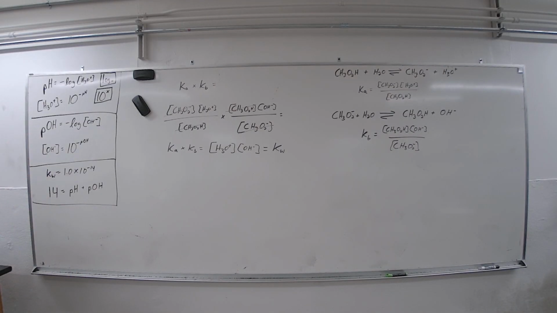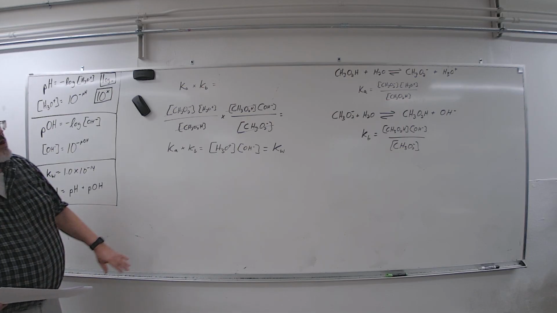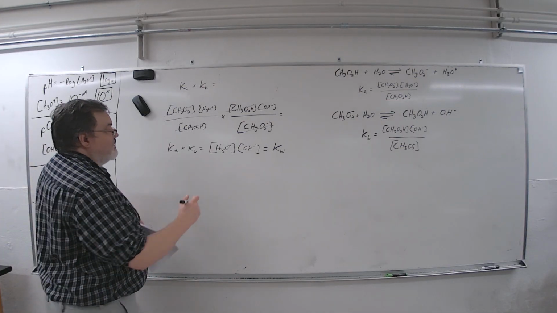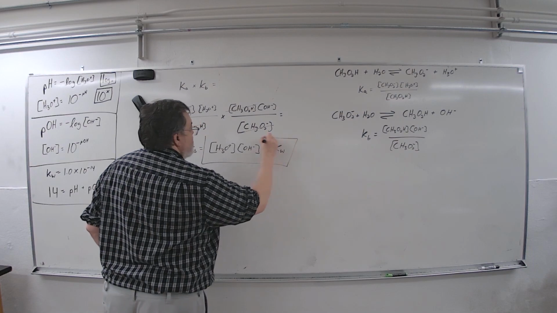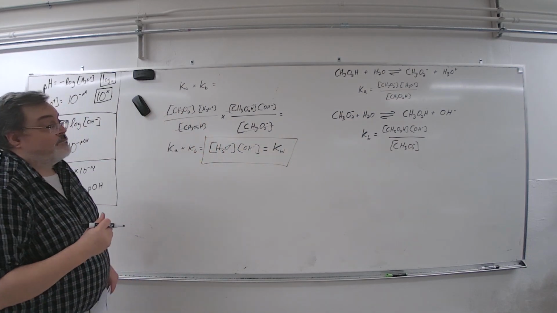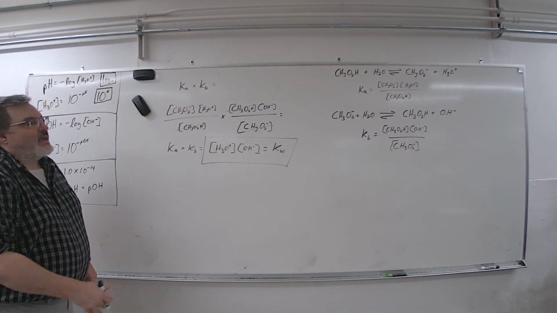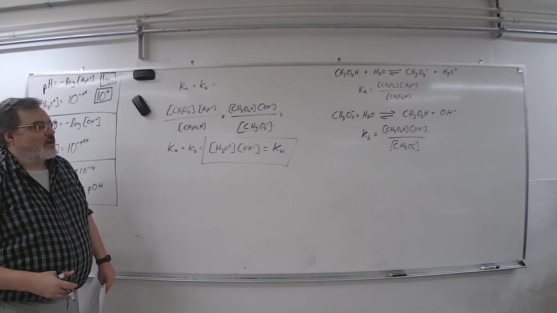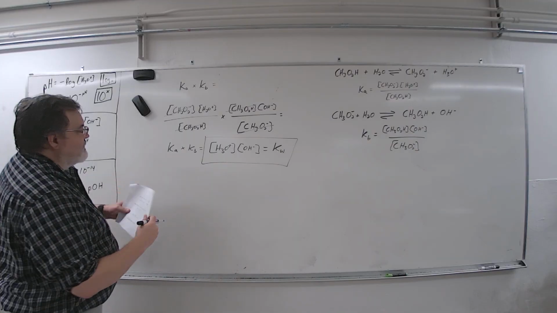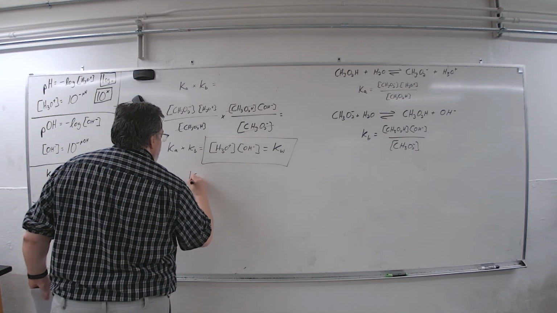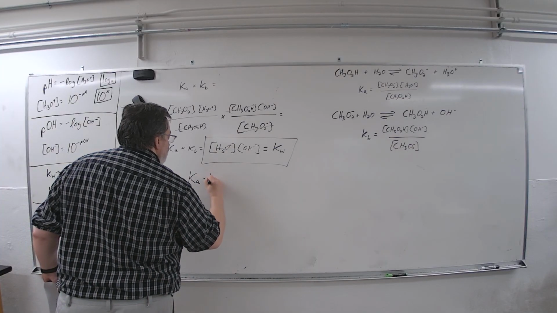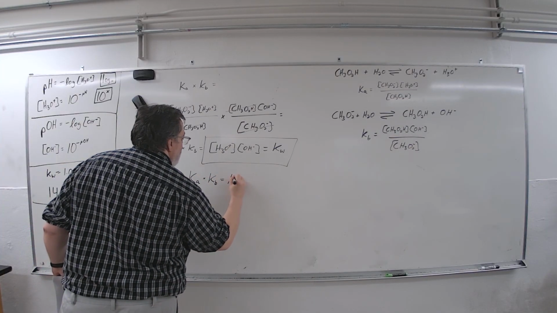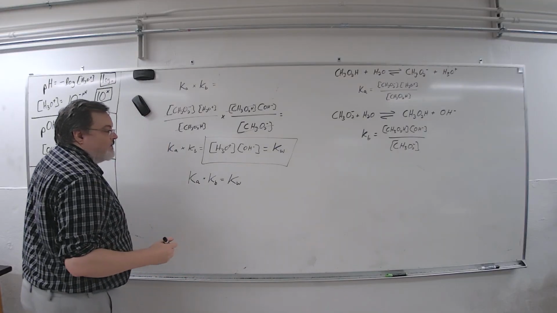I meant to write that over here, but I did that at the beginning, auto-ionization of water. So we're just saying that when you have conjugates of each other, this is a rule you can follow: Ka times Kb equals Kw. Kw is that constant.